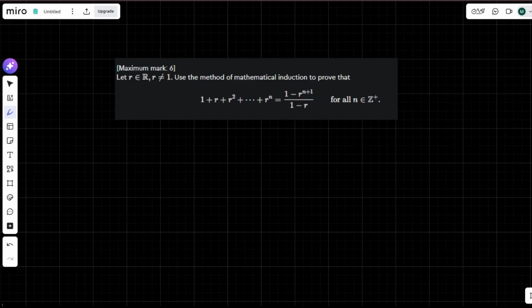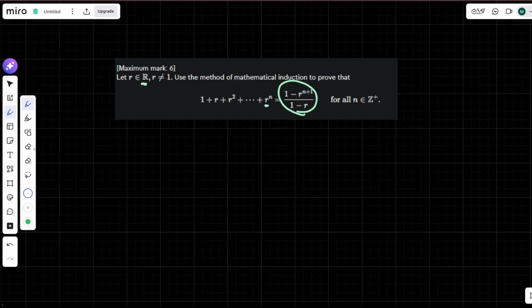So we're told that we need to let R be a real number, that's what the R represents, that does not equal 1. Using a method of mathematical induction, prove that 1 plus r plus r squared all the way up to r^n is equivalent to this setup.